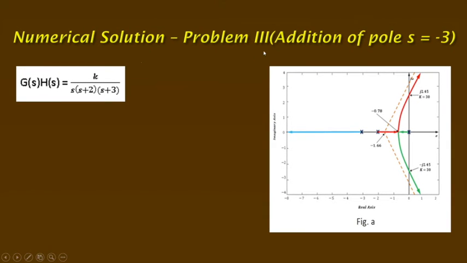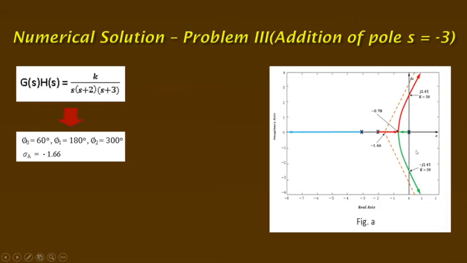Numerical solution problem 3. Addition of poles is equal to -3. So this example is GSHS equal to K divided by S into S plus 2 into S plus 3. Then the poles are at 0, -2, -3.